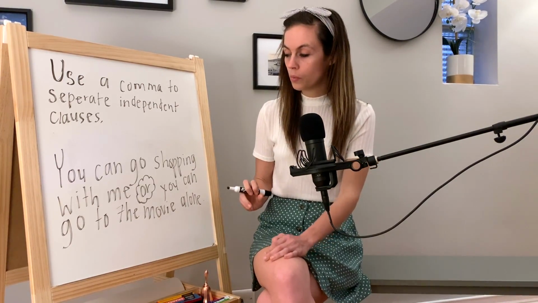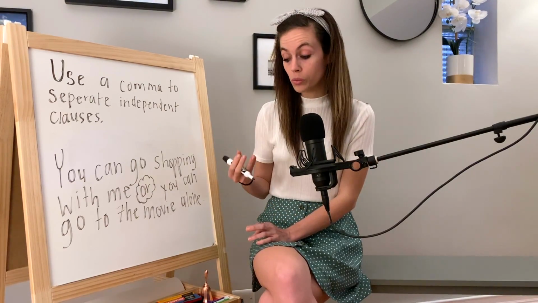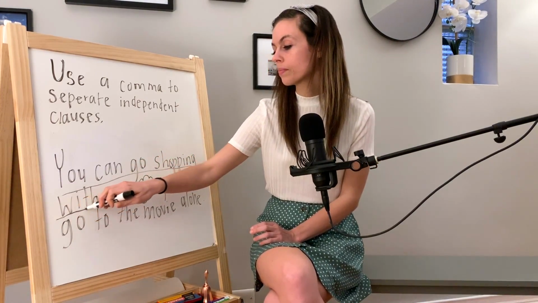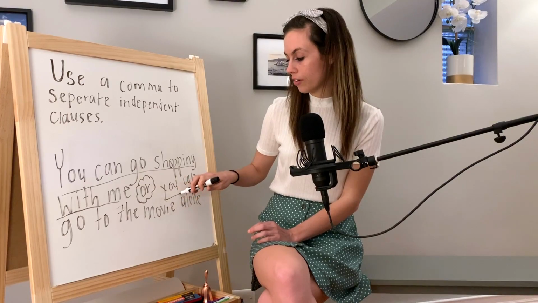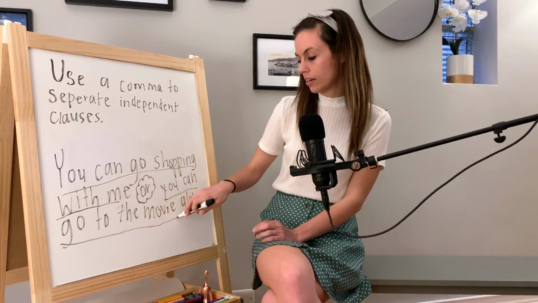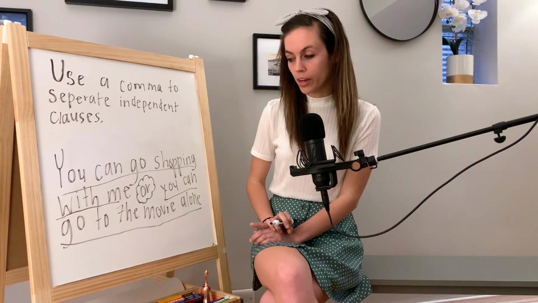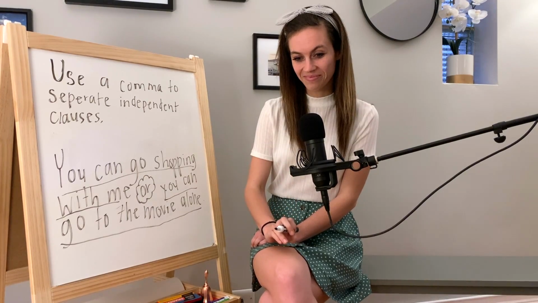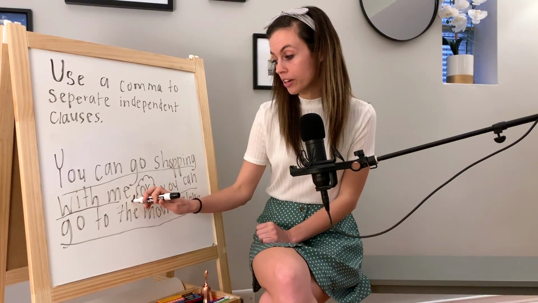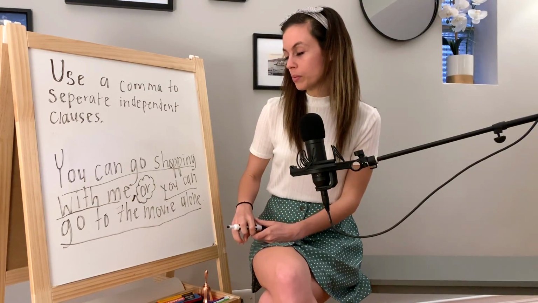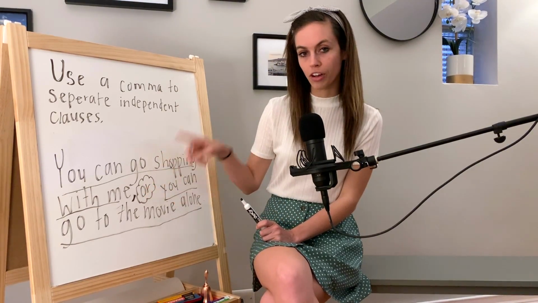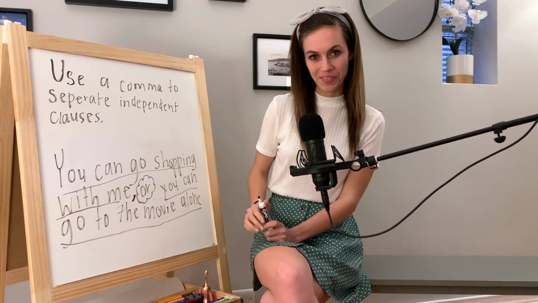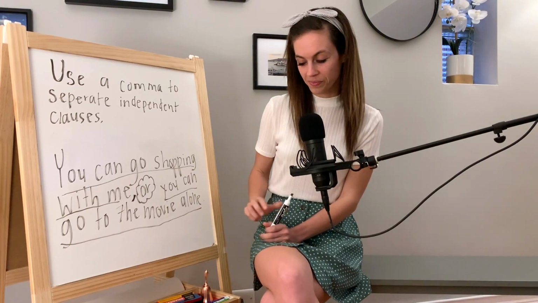Okay, so we have two independent clauses, or two complete ideas here. So this is our first complete idea. We have our conjunction, and then we have our other complete idea. Okay, so where do you think our comma might go for this? Good, yeah, it's gonna go before or and after me, because we want to use the conjunction as our clue, and the comma separates our two independent clauses. Okay, any questions? Okay, good.